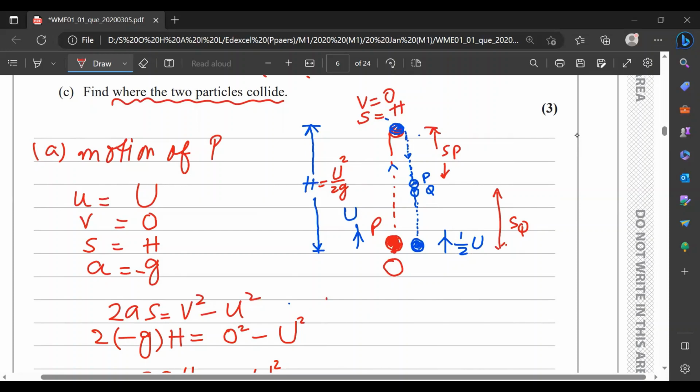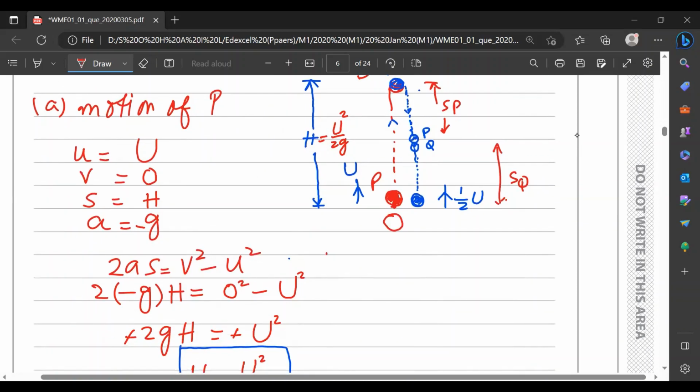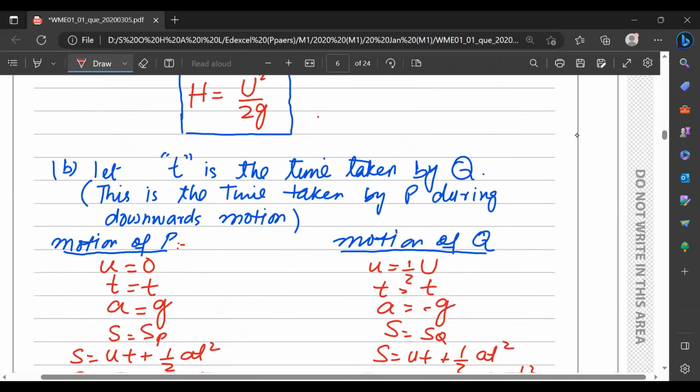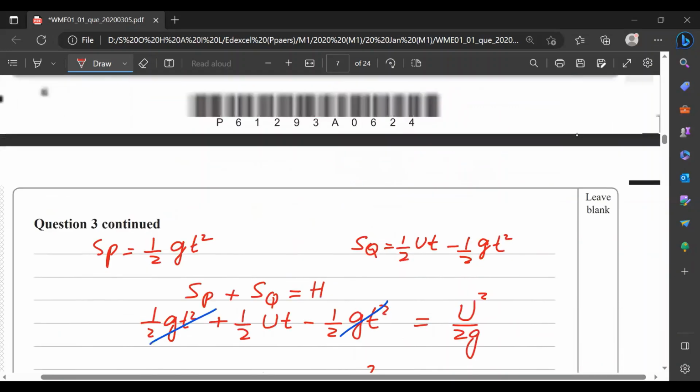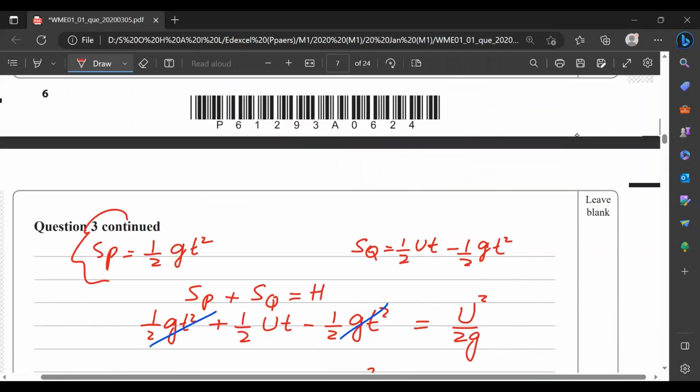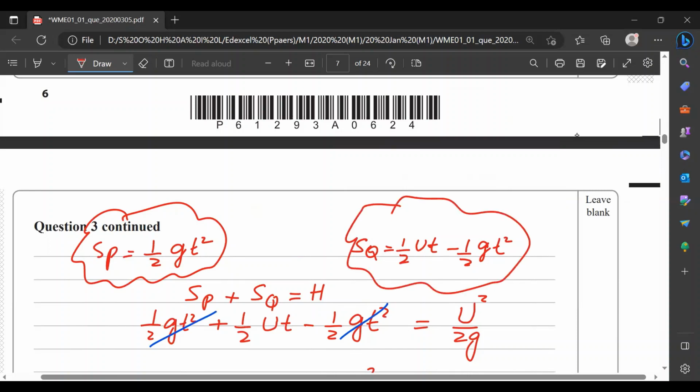Q, after reaching the maximum height, will start moving in the downward direction.